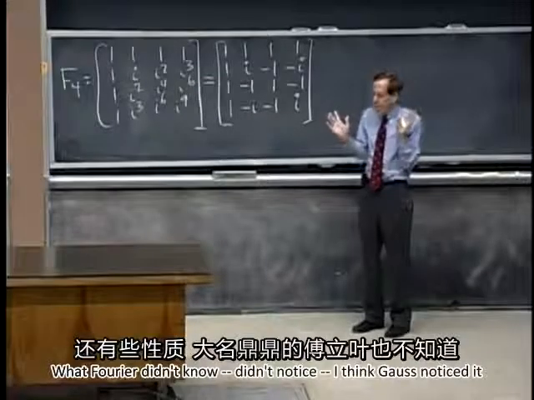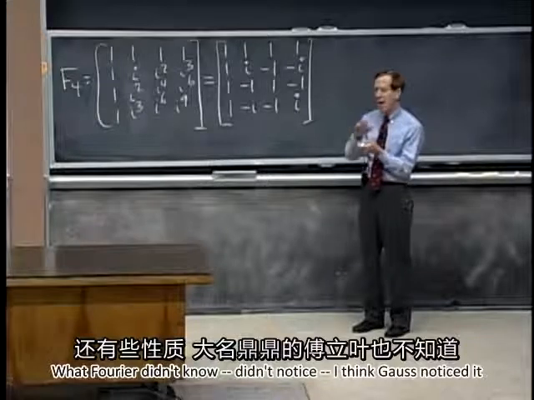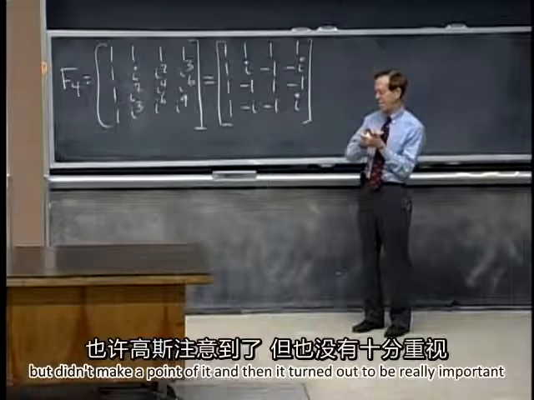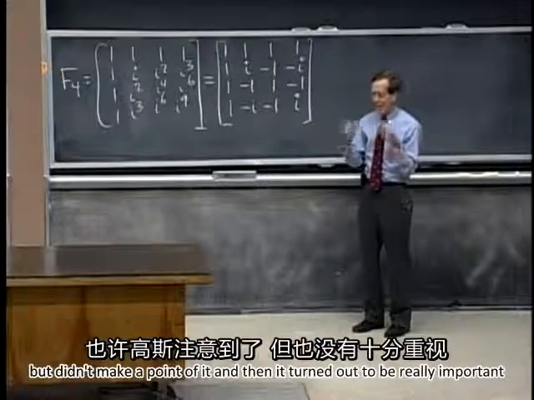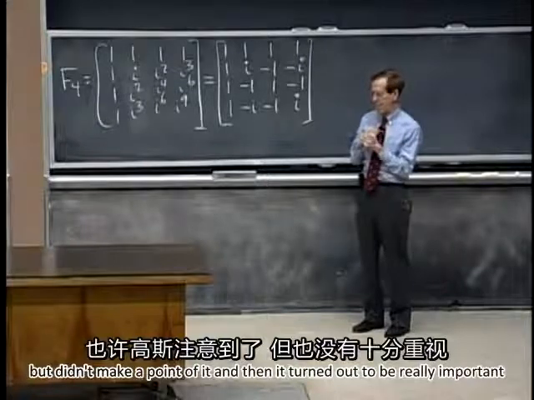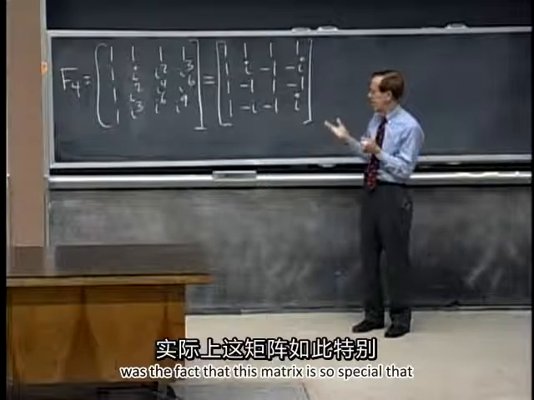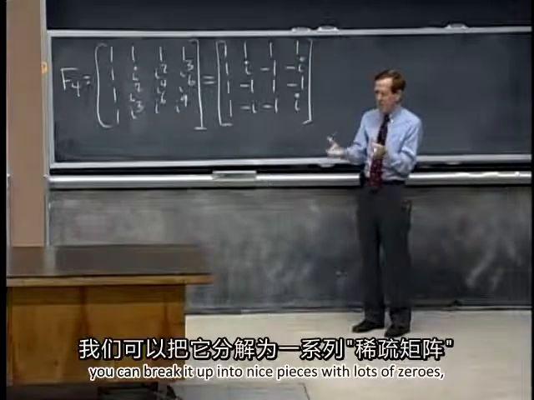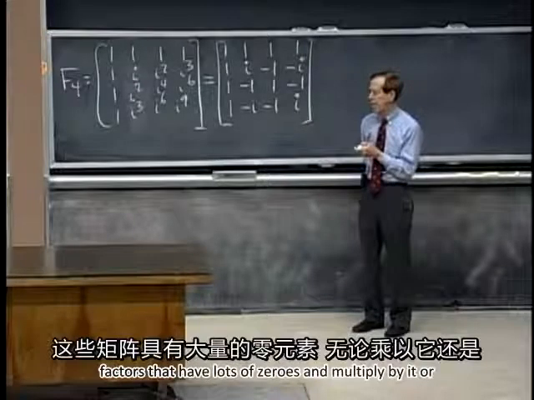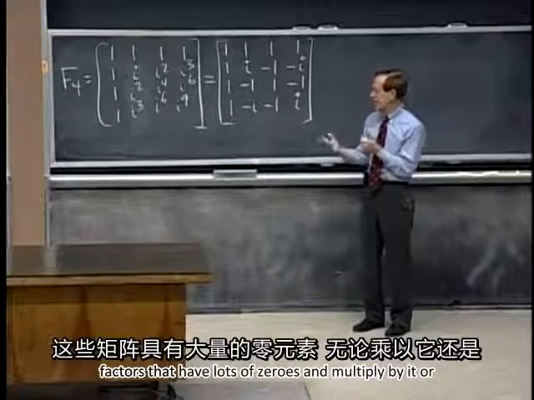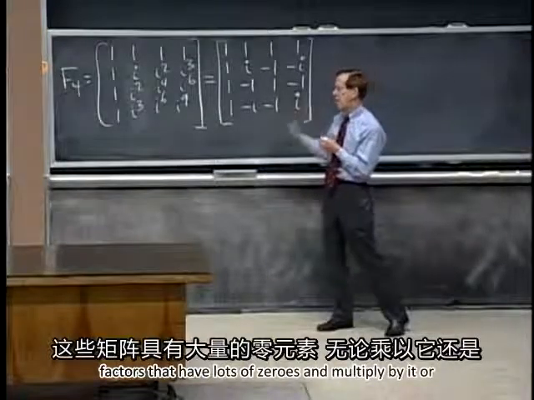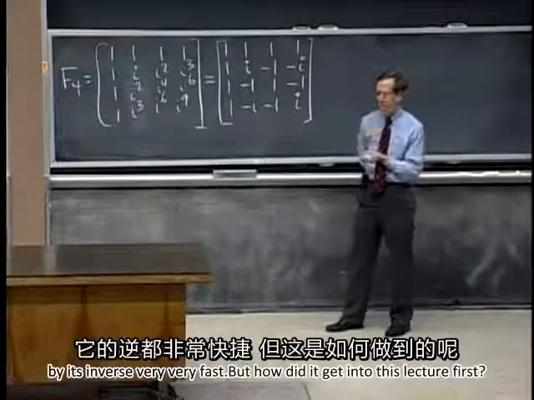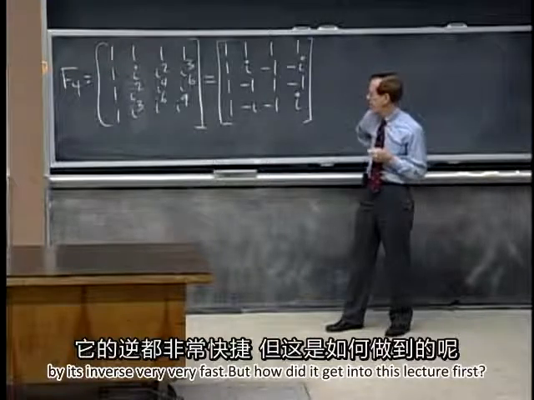What Fourier didn't notice, I think Gauss noticed it but didn't make a point of it, and then it turned out to be really important, was the fact that this matrix is so special that you can break it up into nice pieces, factors that have lots of zeros, and multiply by it or by its inverse very, very fast. Okay.